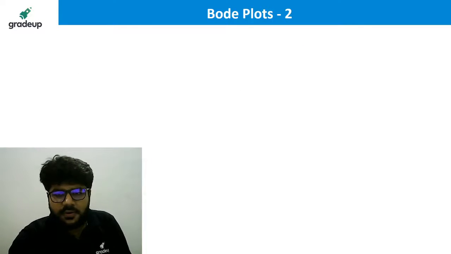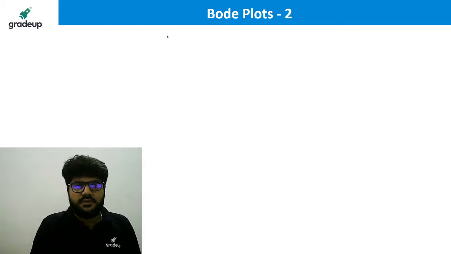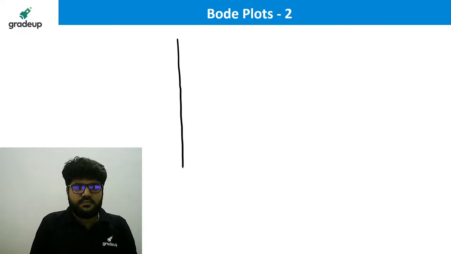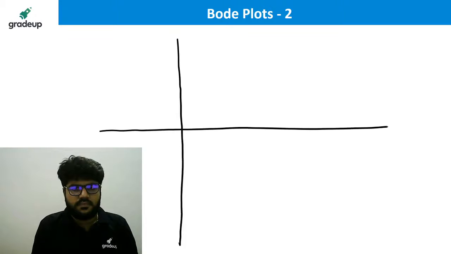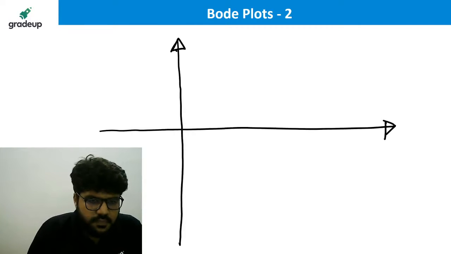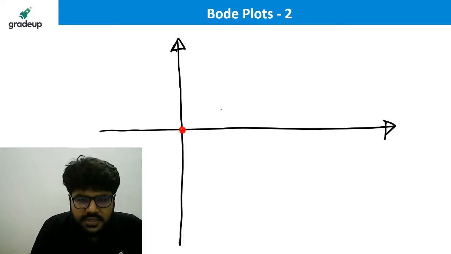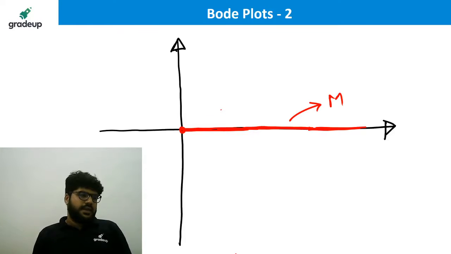What should be the shape of the phase plot? Can anyone say?